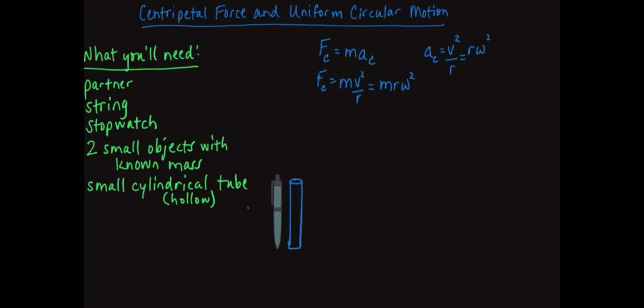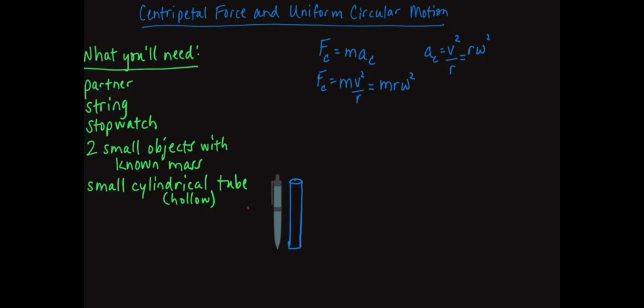So here are the things you'll need for this lab. You will need a partner. This lab will be very difficult to do without a partner. You'll also need a stopwatch, and you'll need two small objects with known mass. If you are in a class using a kit, then you have washers and a rubber stopper or other similar objects that you can use.